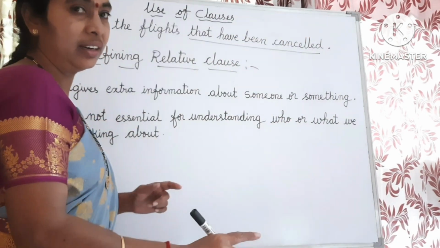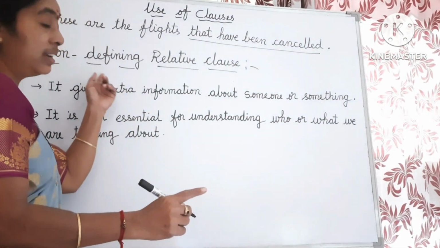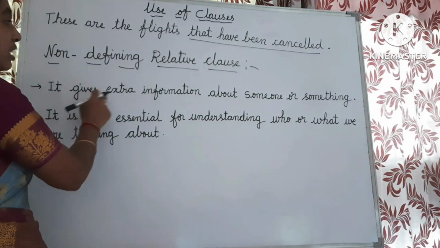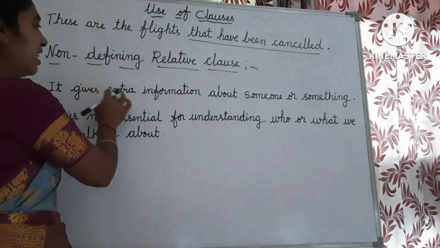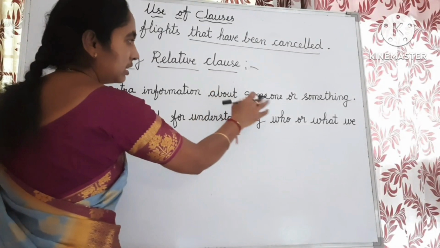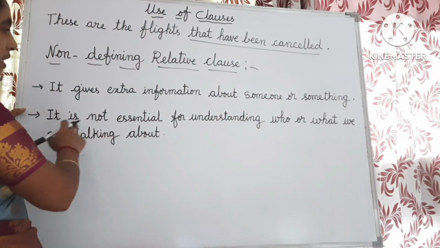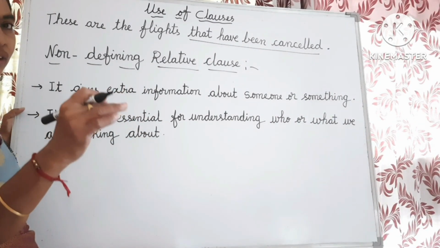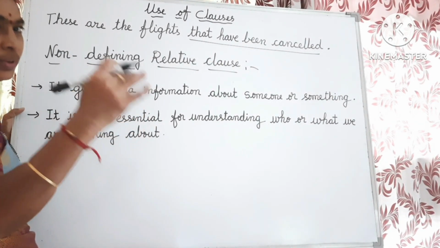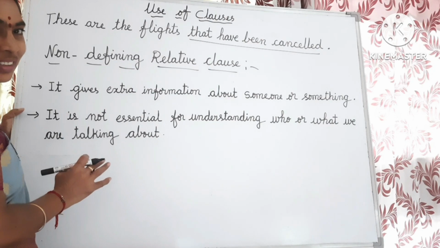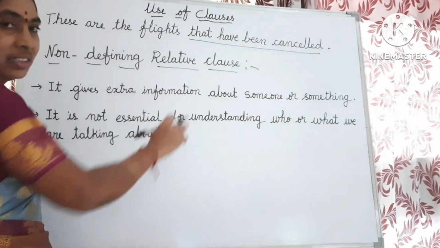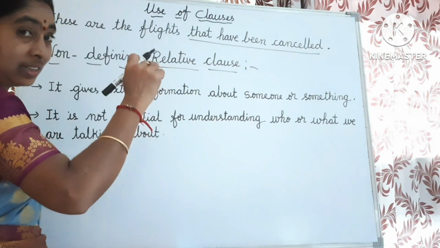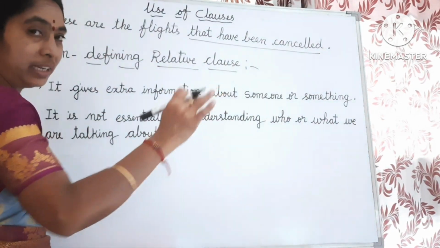In a non-defining relative clause, it gives extra information. It is not necessary. It gives extra information about someone or something. It is not essential for understanding who or whom we are talking about. Without this information, the remaining sentence gives complete meaning.